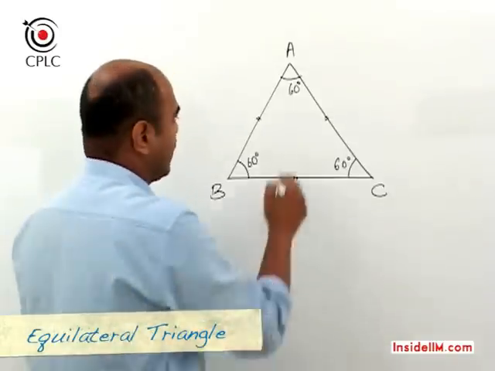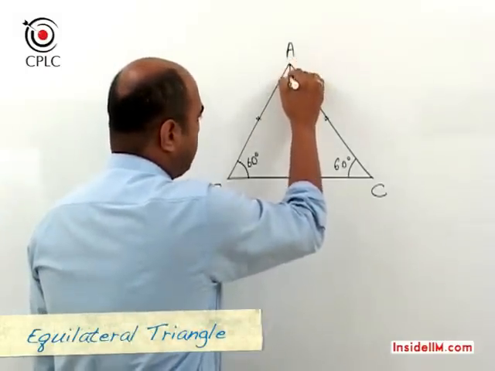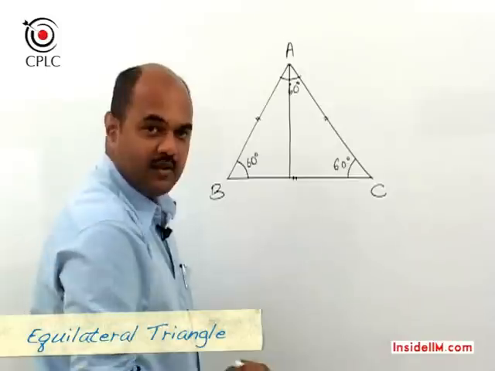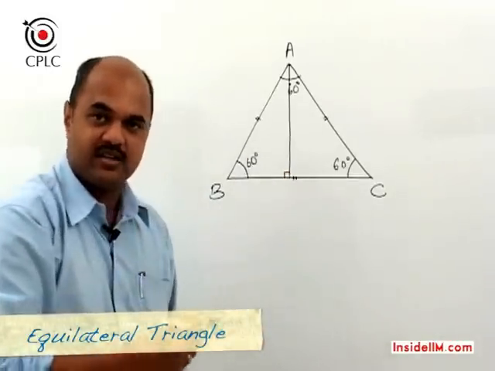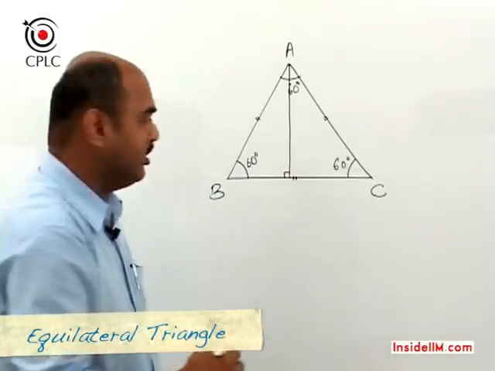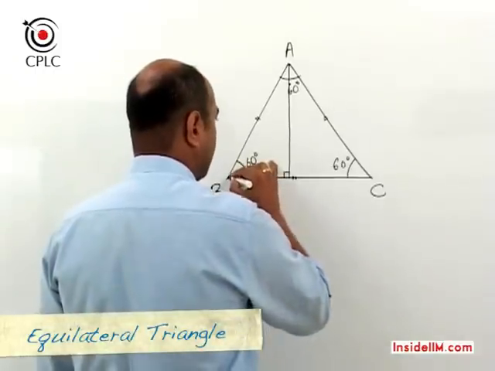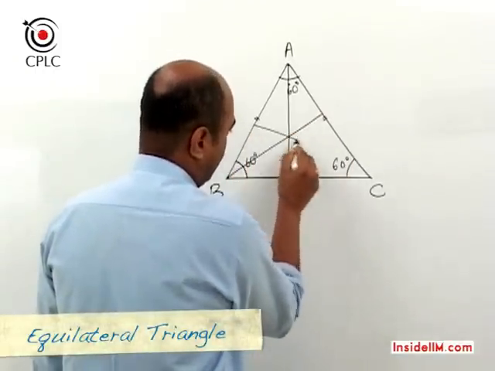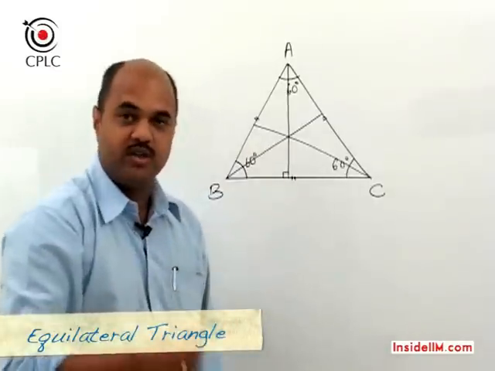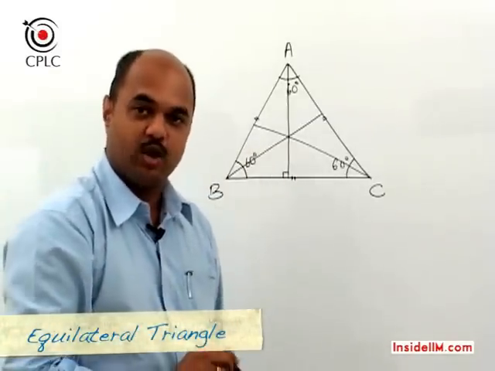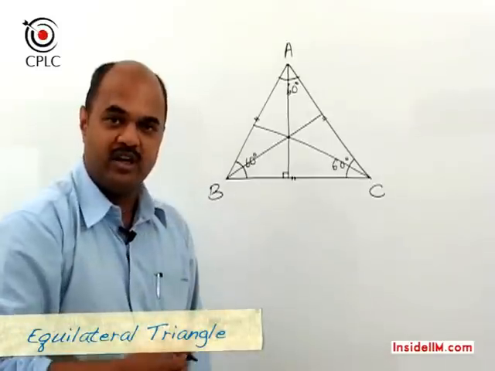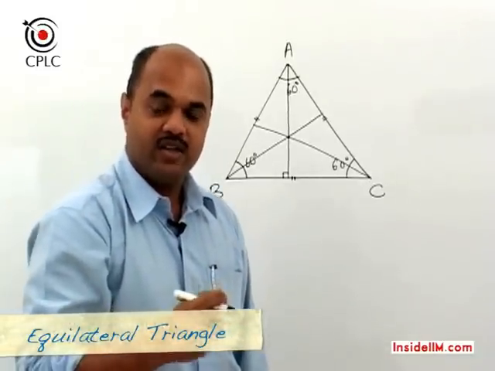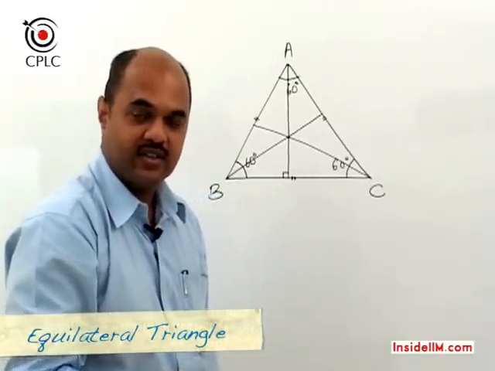In an equilateral triangle, when we draw the median, that median is always the altitude and the angle bisector and the perpendicular bisector, and that is true for all the medians and all the altitudes and all the perpendicular bisectors and all the angle bisectors. Hence, we have this common point for the centroid, the orthocenter, the incenter and the circumcenter.